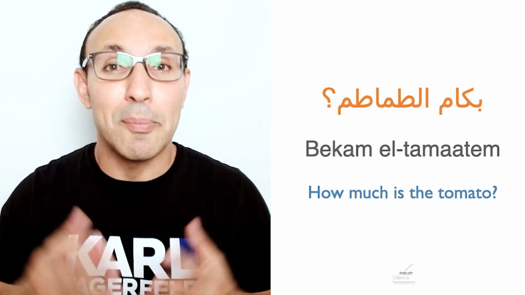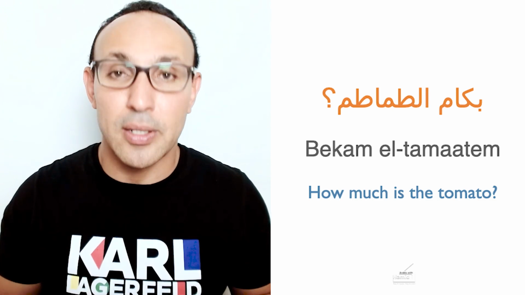If you are shopping on the street and you don't have any badges on the articles and you want to know the price, you ask بكام ده, how much is this, or بكام دي if it's a female. So بكام ده for male, بكام دي for female.